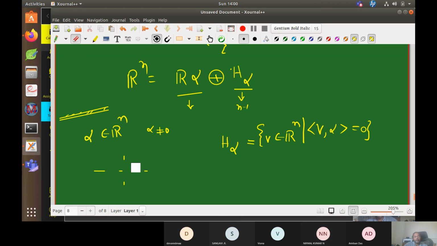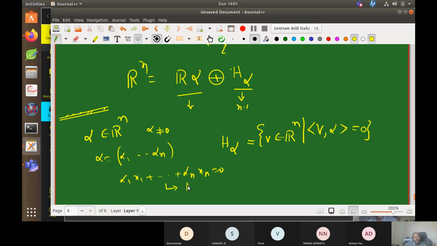Since alpha is non-zero, alpha equals some (alpha 1, alpha 2, and so on, alpha n), and v is a varying vector (x1, x2, ..., xn), so I get alpha 1 x1 plus and so on plus alpha n xn equal to 0, and at least one of the scalars is non-zero.